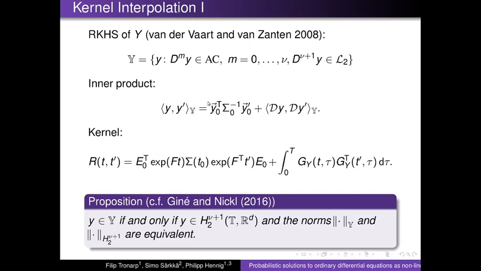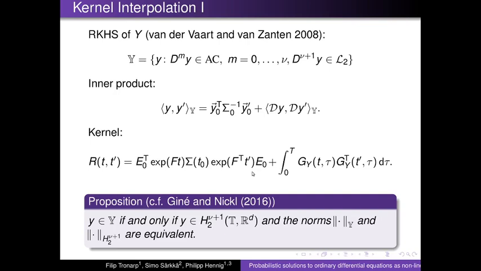And so the first bit is just the inner product associated with the RKHS of the initial values, and the second one here is just mapping our value back to the RKHS of the Wiener process, essentially, via this differential operator that I mentioned earlier in the definition of the prior. And the kernel is, of course, just given by this expression here.